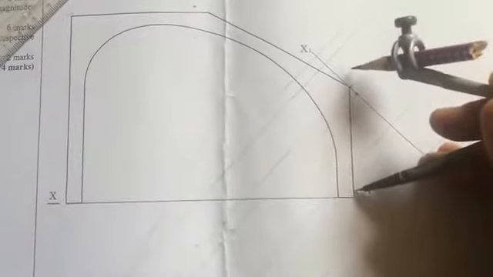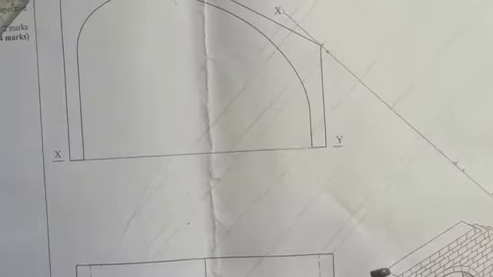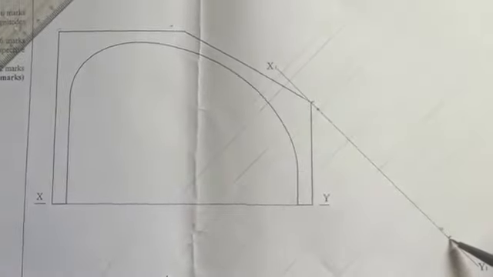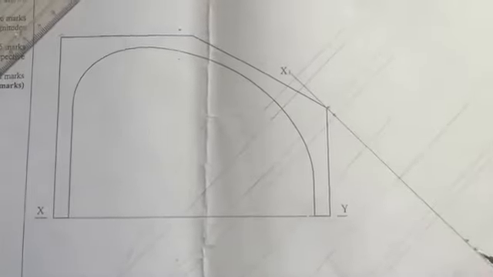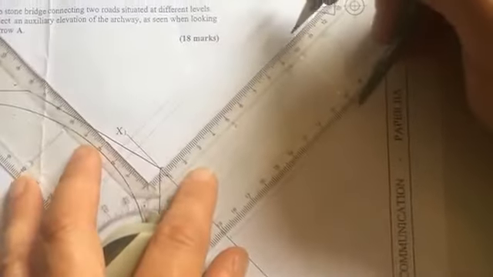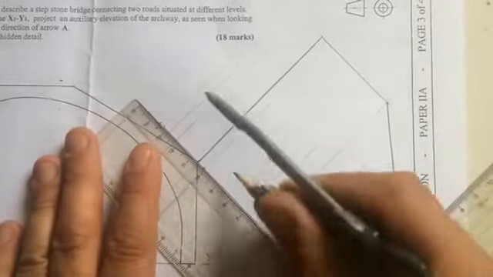This point, taken from here, is this high up. So I can join these points to get the outline, the profile, with these two small lines from the base.